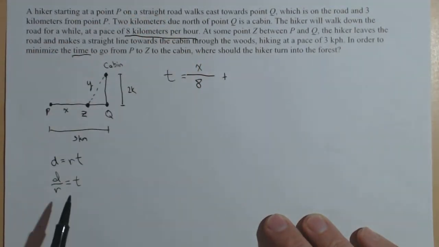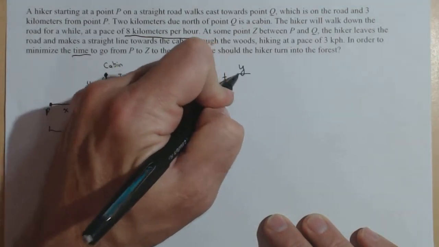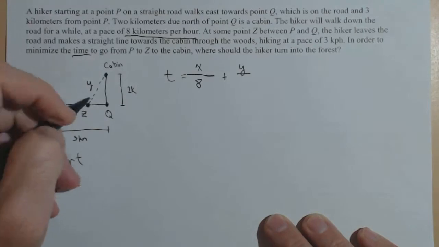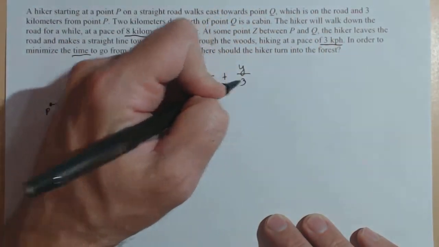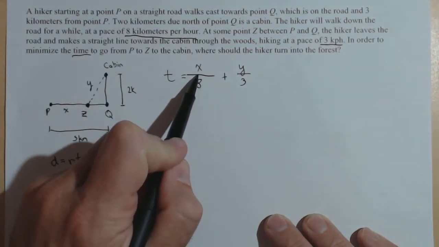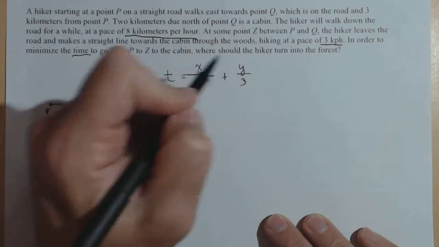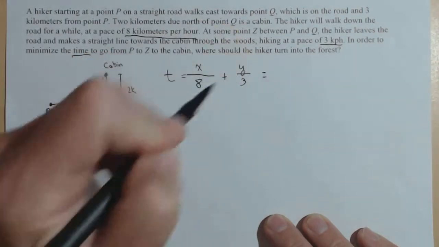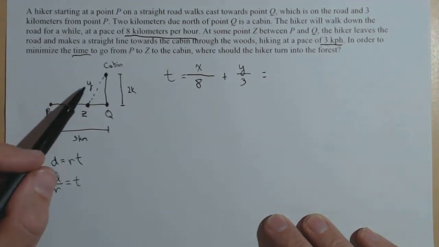Now we are going to add to that our distance from Z to the cabin, which is Y, over our rate from Z to the cabin, which is 3 kilometers per hour. So really, this is the time from P to Z, and this is the time from Z to the cabin.